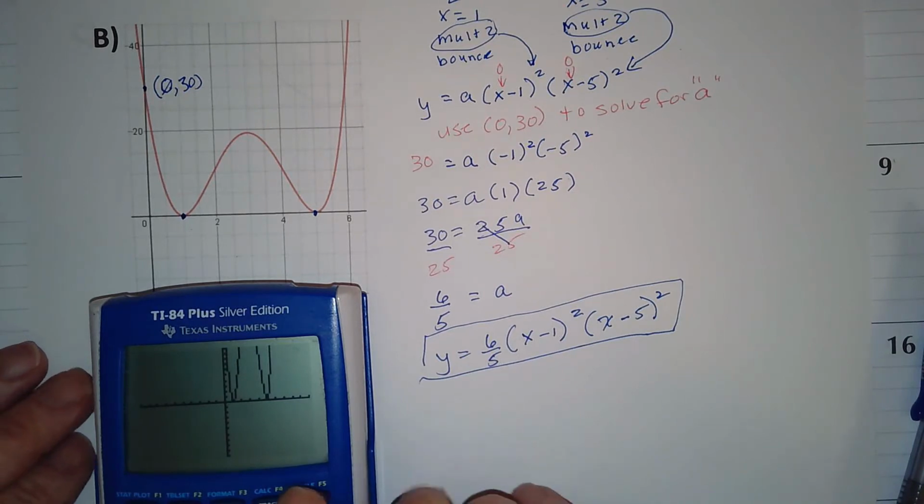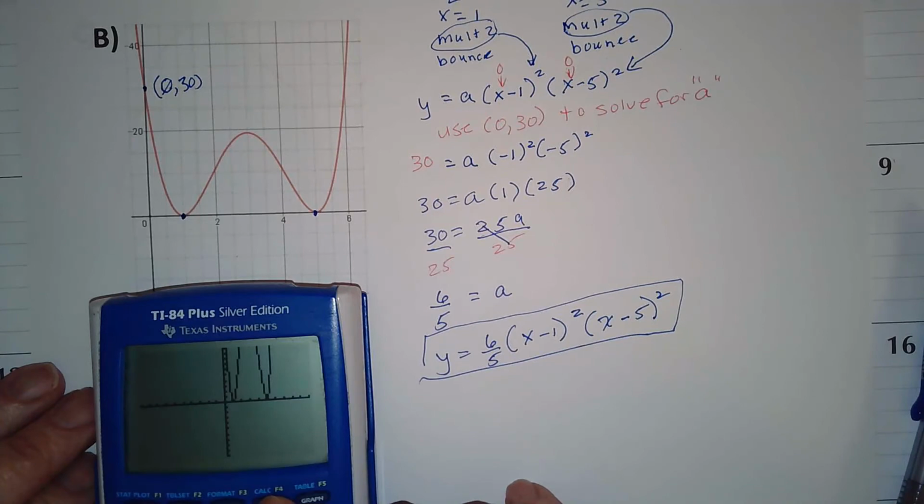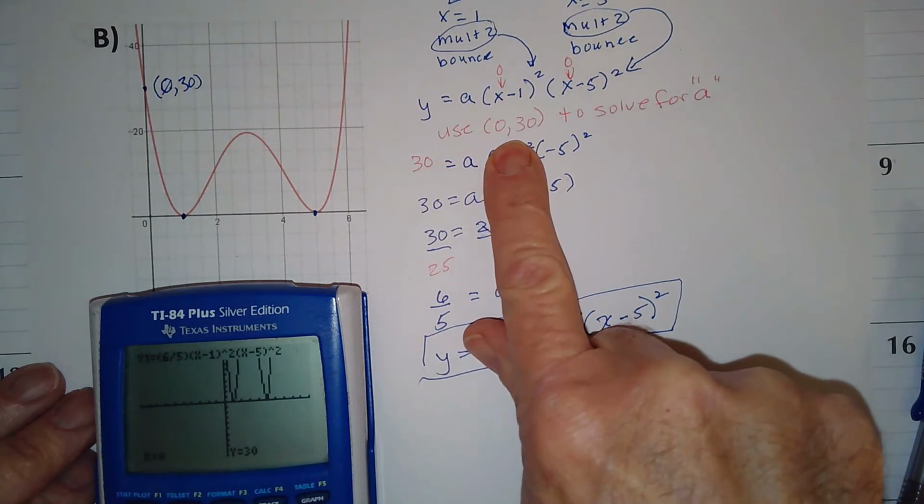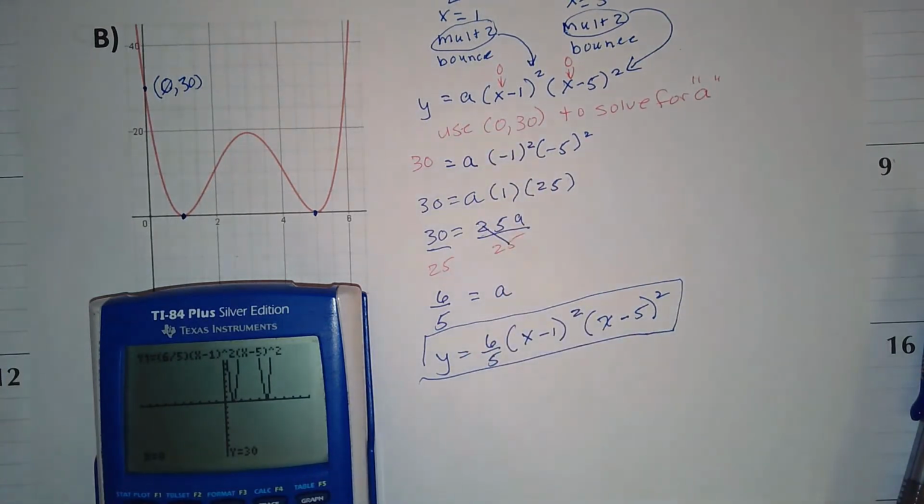We could try trace and see if we could come up with where the y-intercept would be. So there it shows you if x is 0, y is 30, and by golly, that was the number that we were using. So that at least checks. So we know that checks.